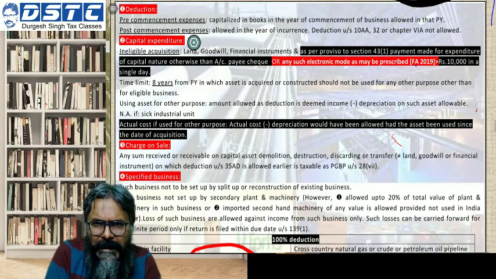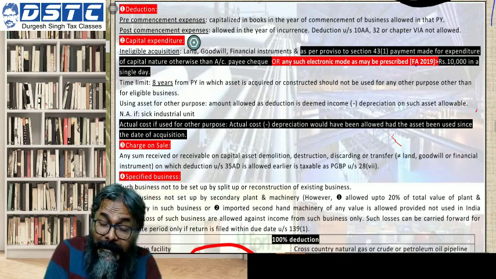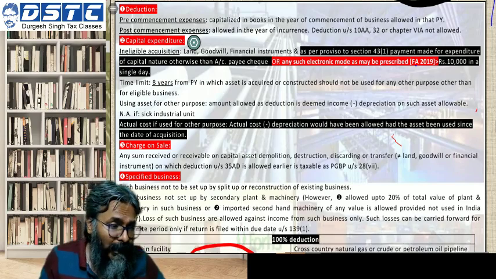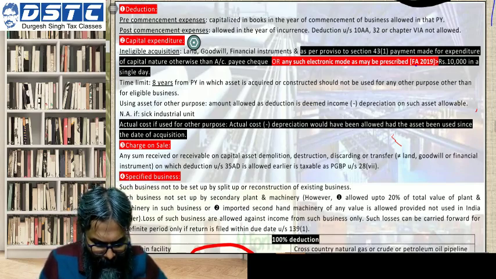Now you tell me, students: if you have taken the deduction of the capital expenditure under section 35AD, can you claim depreciation again under section 32 in respect of that capital expenditure? Is it possible?